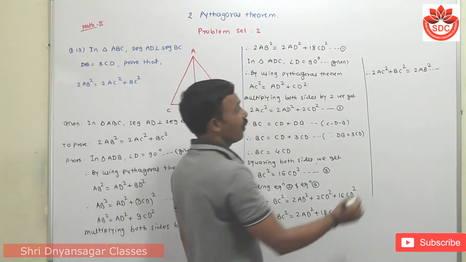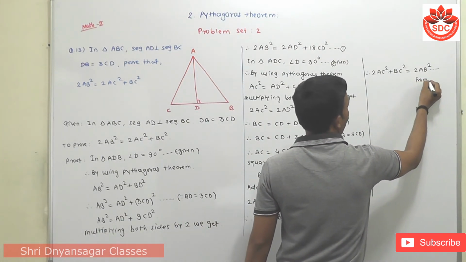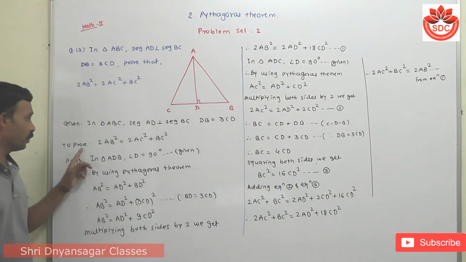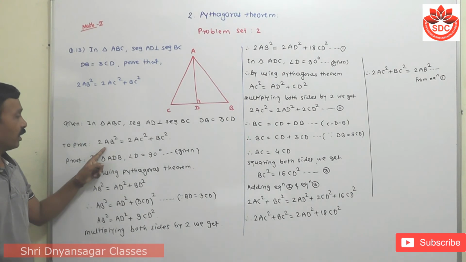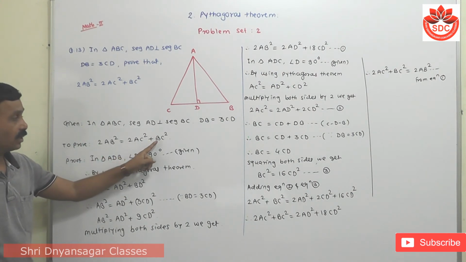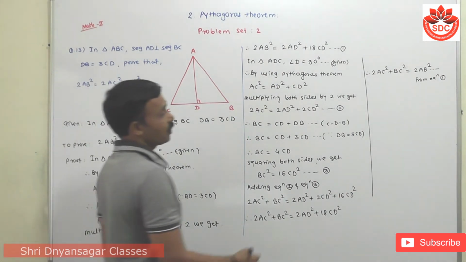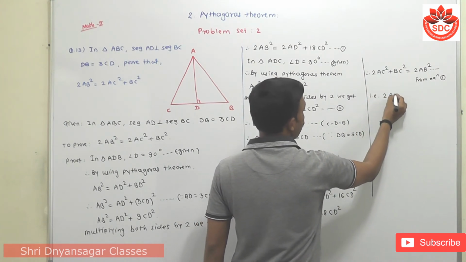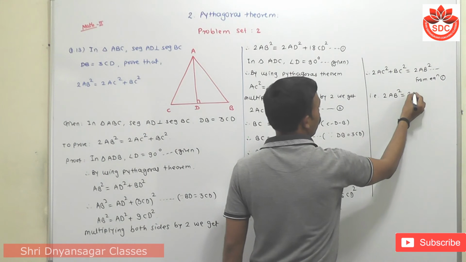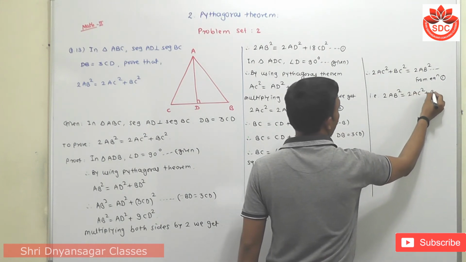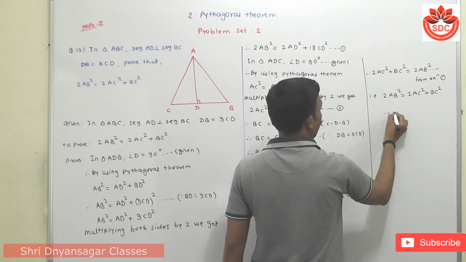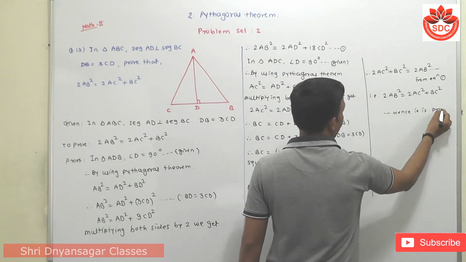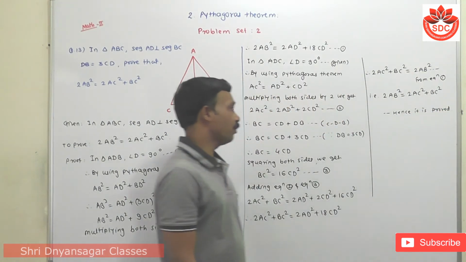So I write the last sentence: twice AB square is equal to twice AC square plus BC square, and hence it is true. Can you understand this? Very important example.